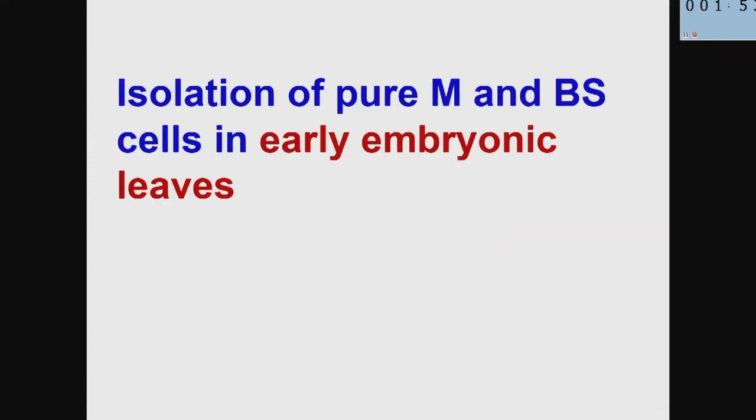Another thing we are doing is, as I explained to you, the bundle sheath cell and mesophyll cell are very important in terms of photosynthesis. So we want to know how bundle sheath cells develop, the initiation.